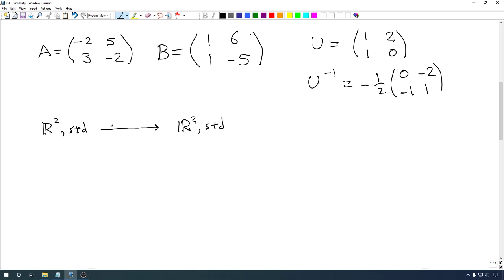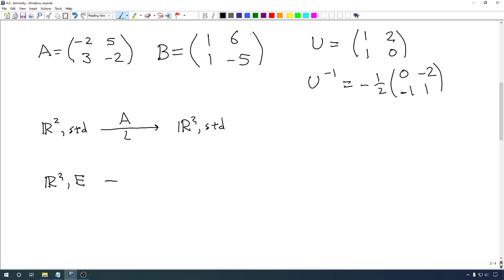If we're working with the standard basis, all that means is that we're going to multiply by the matrix A. That's what the matrix representation means. So we'll just write down L in this form. You can say this is the map L that goes from here to here, but it is just represented by multiplying by A.